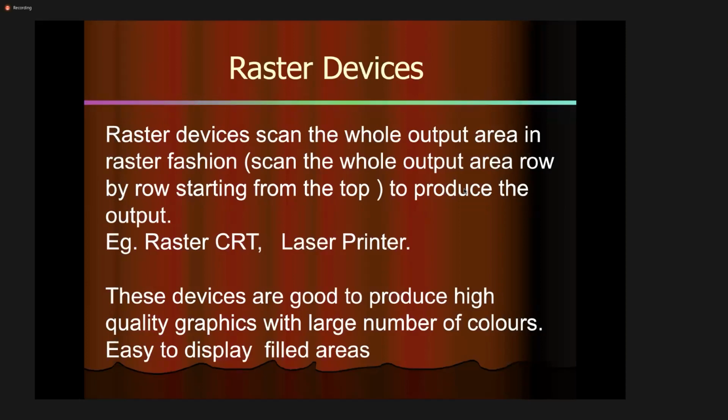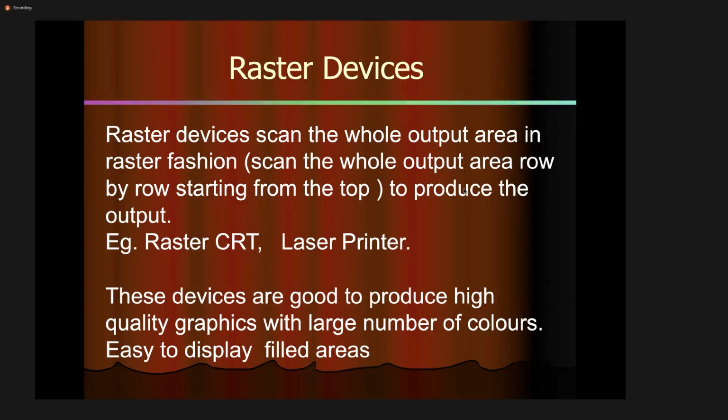Now, as I mentioned earlier, raster devices normally scan the whole output area in the raster fashion, row by row, starting from the top to bottom, like Raster CRT, cathode ray tube, that big display device, or a television, right? Okay. So the laser printer, those are raster devices.